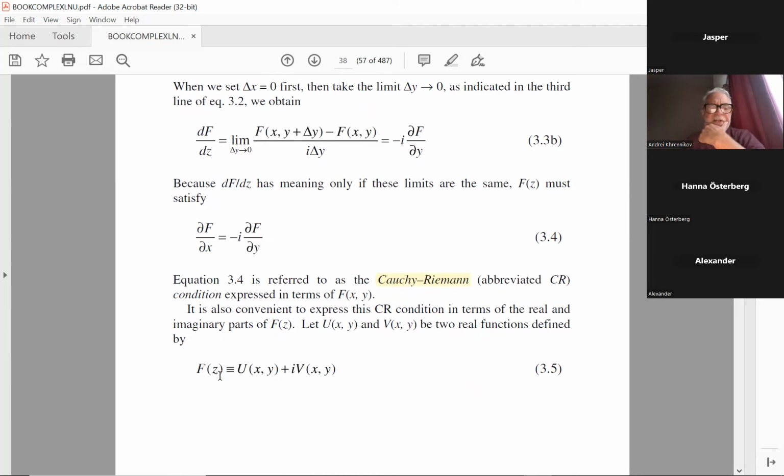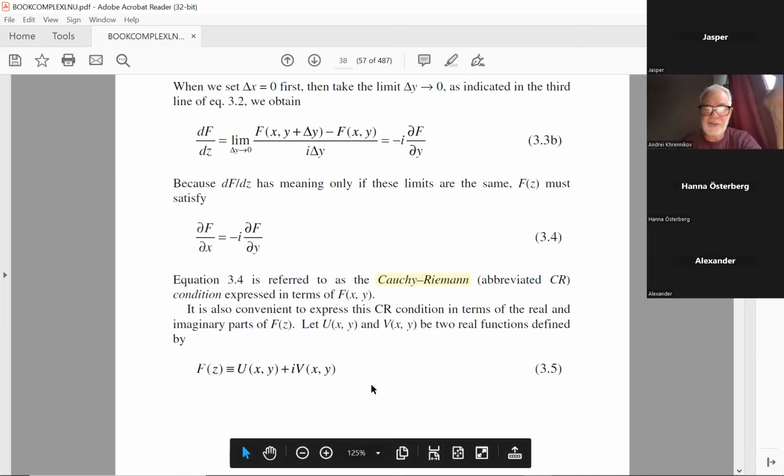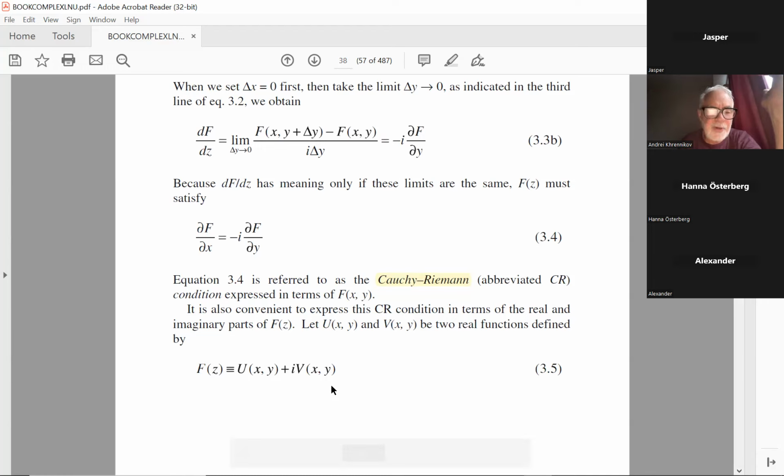Now, if you have a function with complex value, this f(z) is again a complex number, and it can be written in this form. This is the real part of this function, and this is the imaginary part of this function.